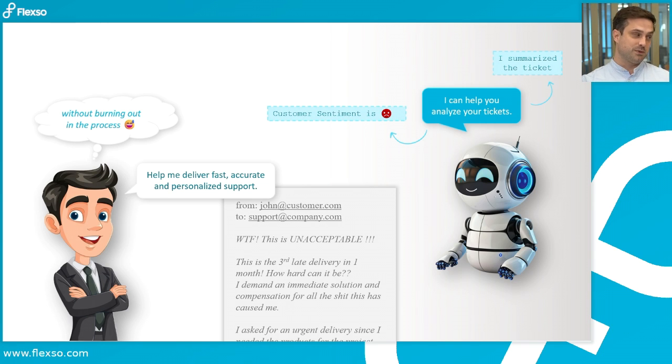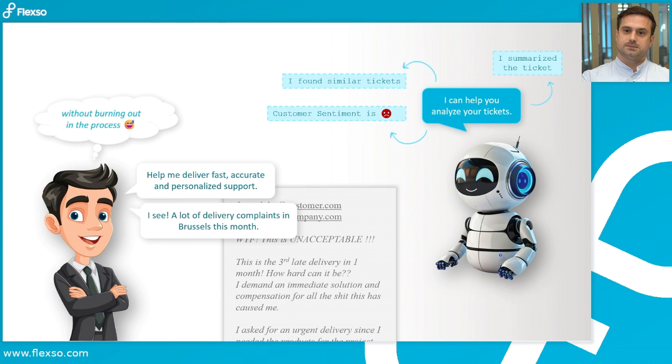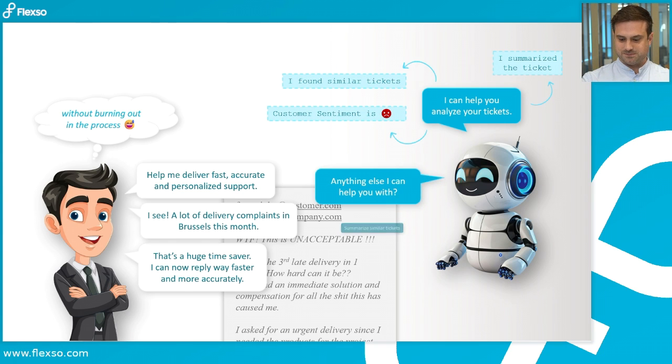So for example, if you have a very upset customer, you can change the tone to be a bit more empathic. And also AI can suggest similar tickets in order to find the solution as quickly as possible. So Richard is happy with all of this information.